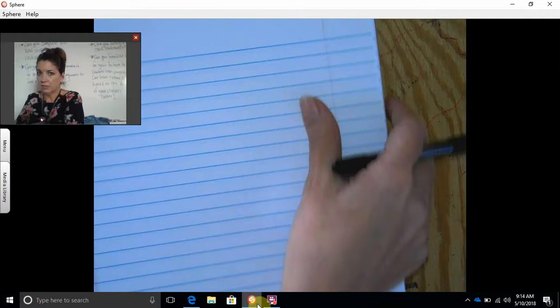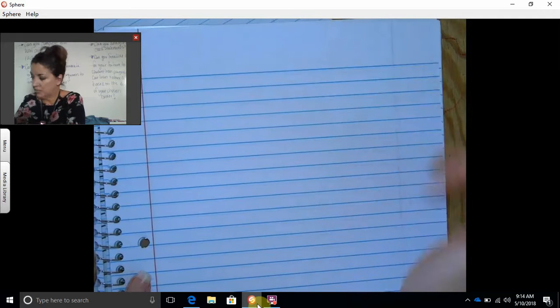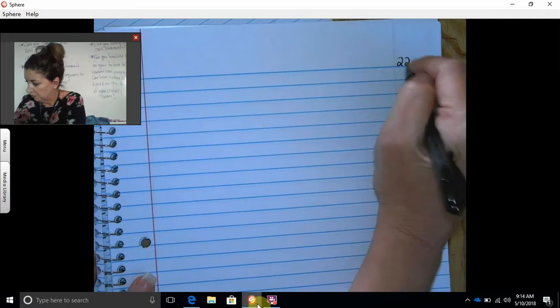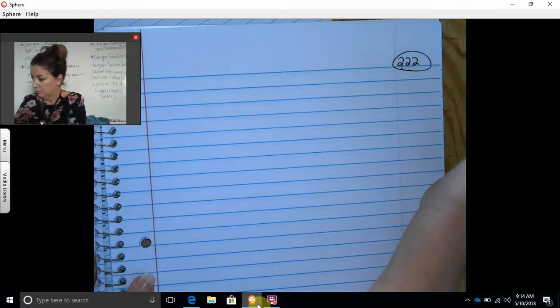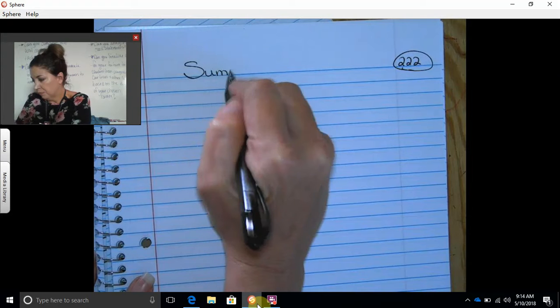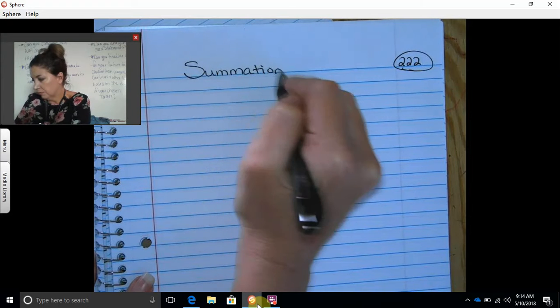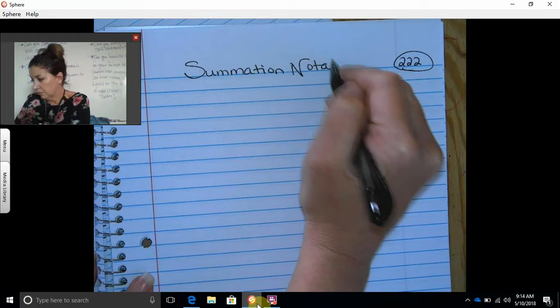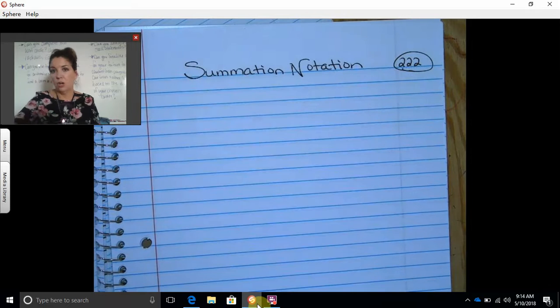What page are we on? 222. It's a lot of notes, kids, we've taken this year. All right, so this is summation notation for geometric.